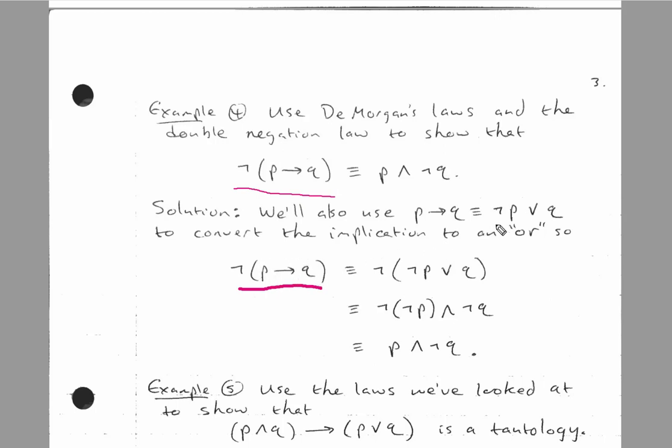Okay, so P implies Q. We're going to replace that with this first. There's still a not on the outside, so it's not P or Q. And then we hit that with De Morgan's law.